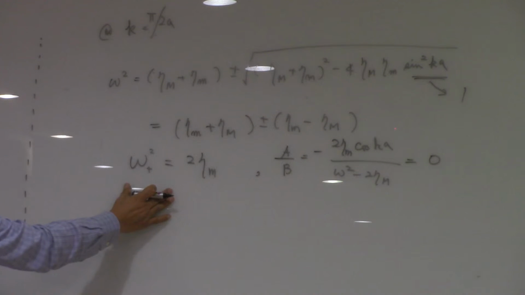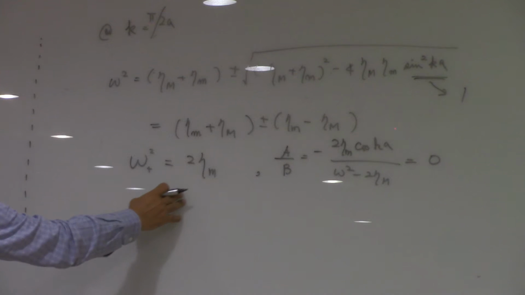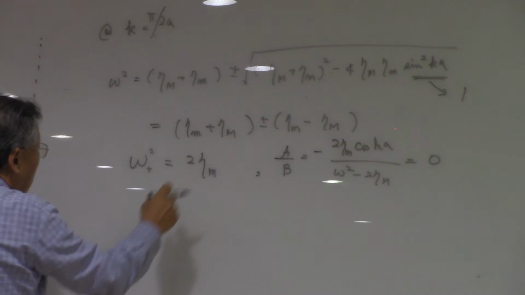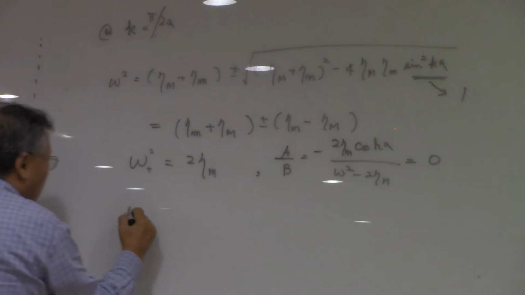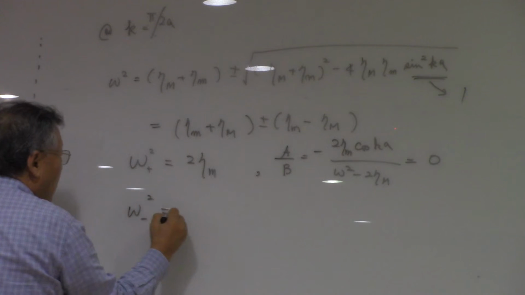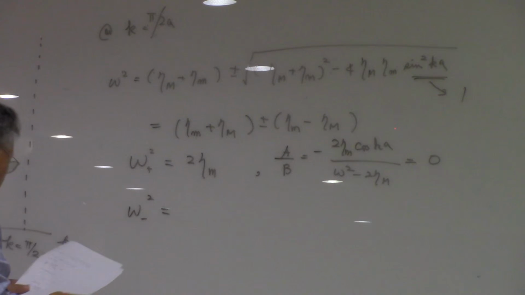What does this mean? One value is going to be something like this. What happens to the other one, the other solution of this?